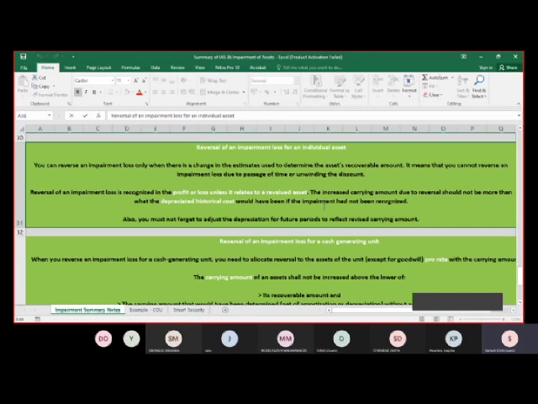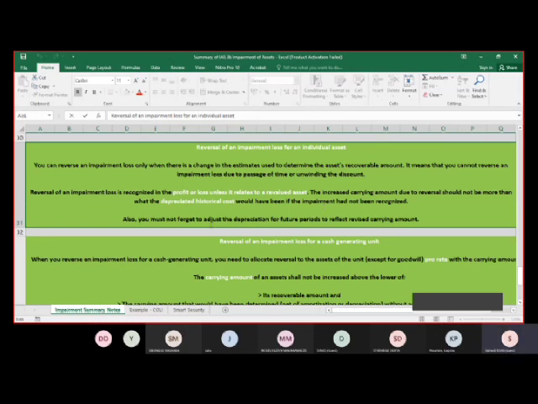Then when you reverse, make sure that when it increases the carrying amount, it's not more than the historical cost of the asset, the depreciated historical cost. So they mean cost minus accumulated depreciation, excluding impairment. So if it's higher, you limit it to the historical cost. That's what they mean here.